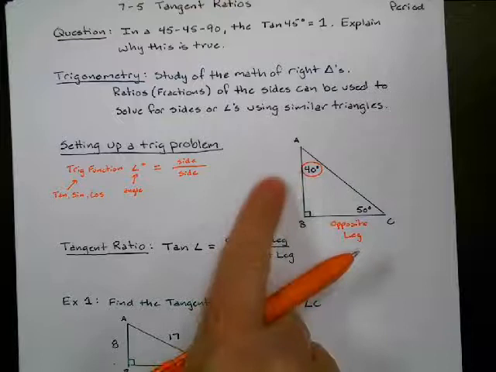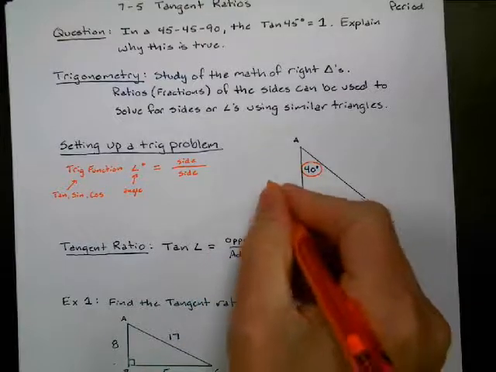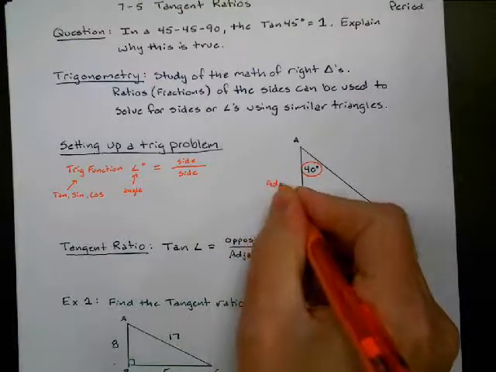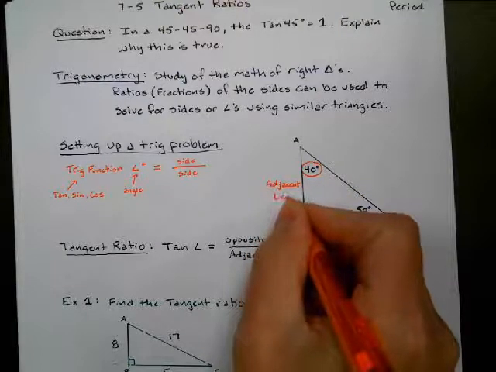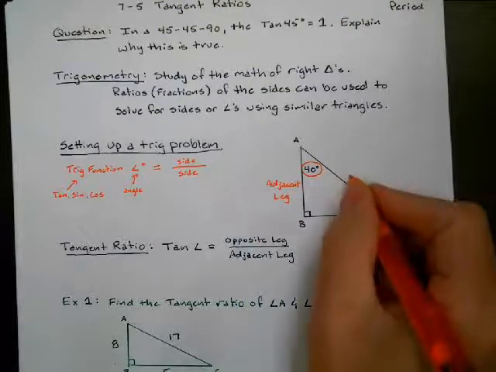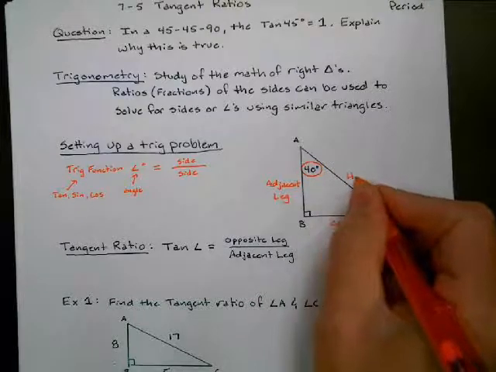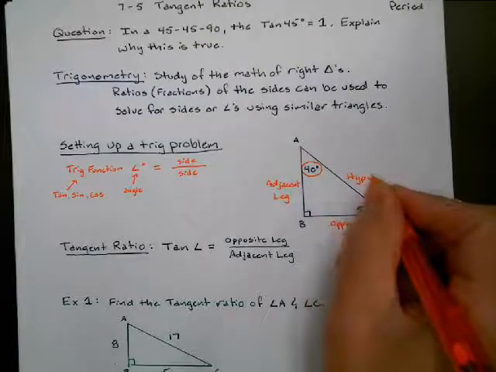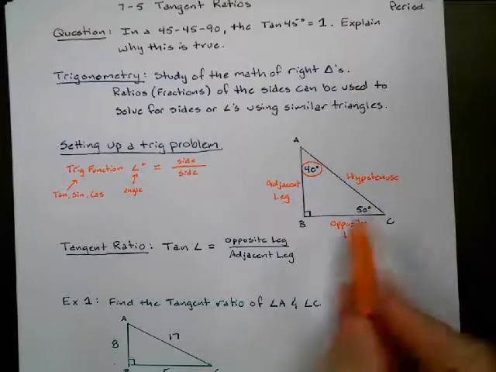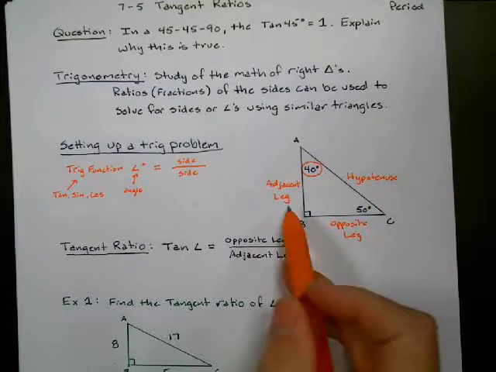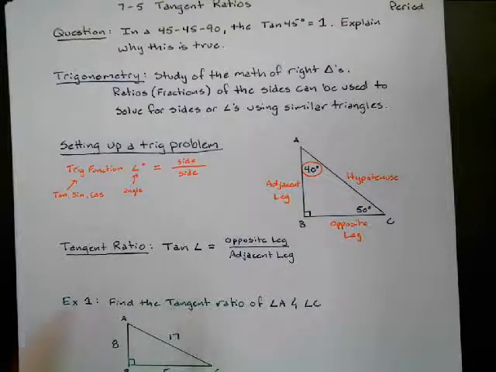We would call the other leg the adjacent leg. And then, of course, this one would be the hypotenuse. Now, tangent's only going to use the opposite and the adjacent leg, so we're not going to worry about the hypotenuse for today.